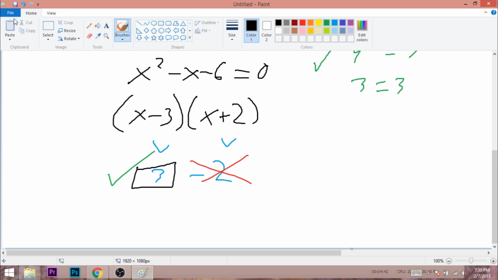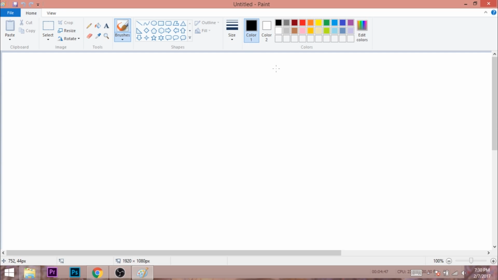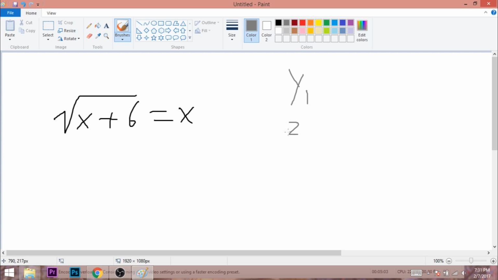And that's our answer. Now, to check for your answers, you could also graph the actual equation. Let's say we have the same one as last time, square root of x plus 6 equals x. And on a graphing calculator, you have y1, y2, y3, and so forth, right? When we're graphing, I'm going to set the first two, y1 and y2, to each side of this equation.